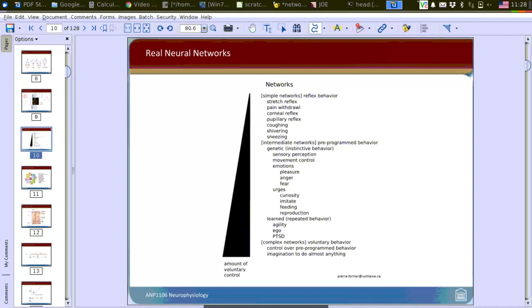Curiosity and imitation are important for children to acquire knowledge from good role models. But two of the most important urges for survival of the species are feeding and reproduction. To get you to eat, the nervous system gives you the feeling of hunger.